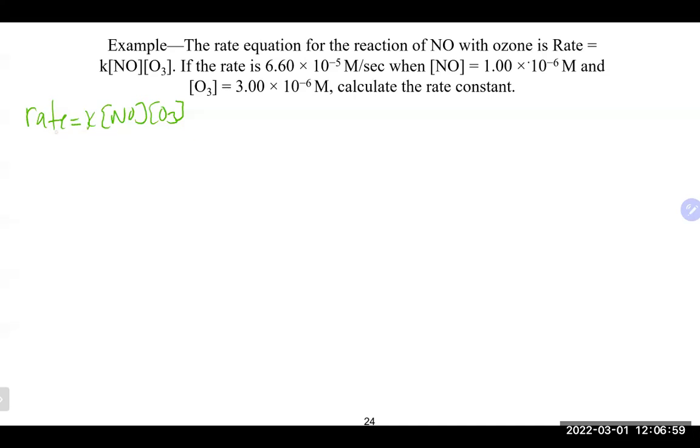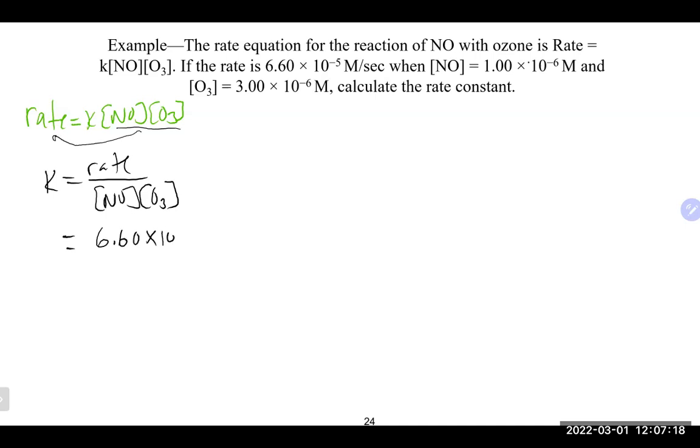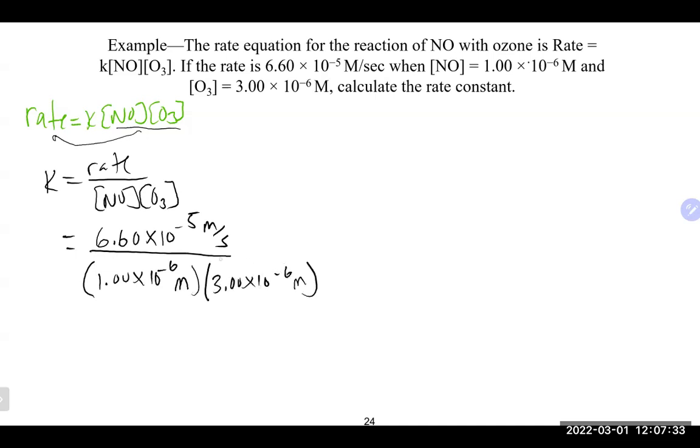Okay, so in this case, it actually gave us the rate law. So all we have to do really is rearrange it. We take these and divide them to the other side. That gives us K equals the rate divided by the concentration of NO and the concentration of O3, which they also provided for us. So that would give us 6.6 times 10 to the minus 5 molar seconds divided by our NO, which is 1 times 10 to the minus 6, and our 3 times 10 to the minus 6 molar.